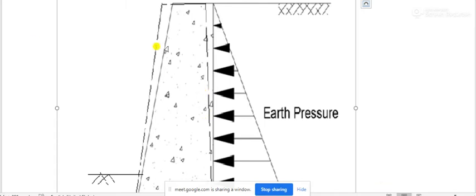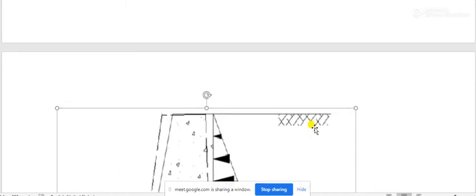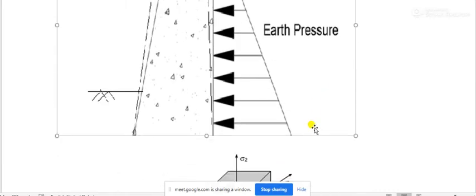As this wall is moving, this portion will be emptied, and this soil is having more space, and more space means more volume, and this more volume tends to stretch the soil. This stretching condition is actually the plastic equilibrium condition of this backfill soil.